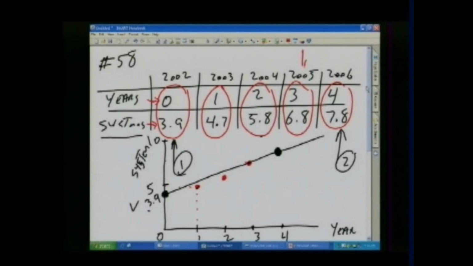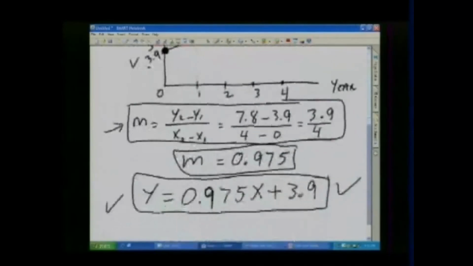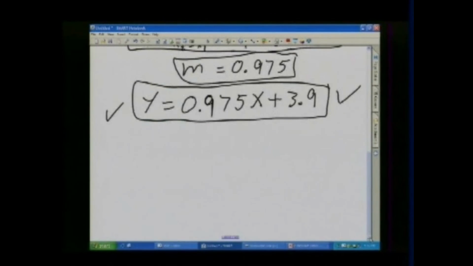Right up here, 2005, it means x is equal to 3. So if I plug in 3 for x, then y is equal to 0.975 times 3 plus 3.9.